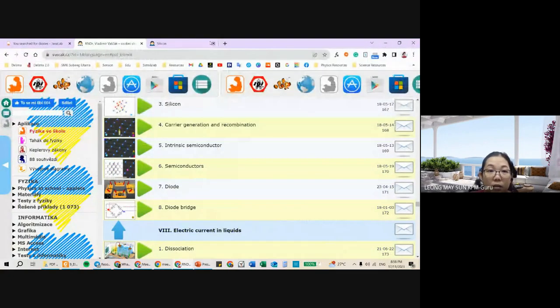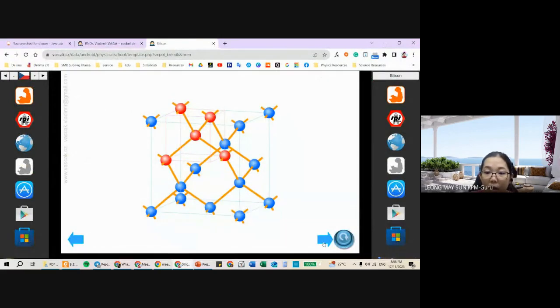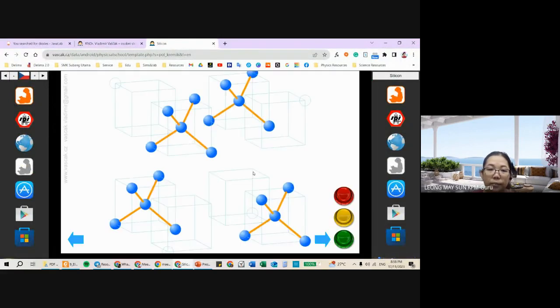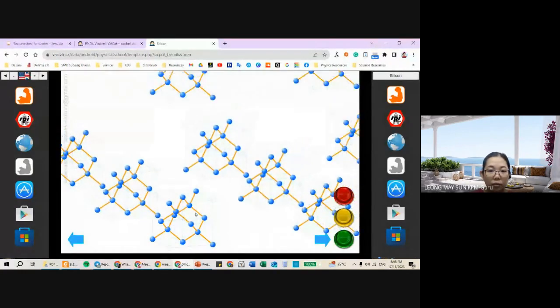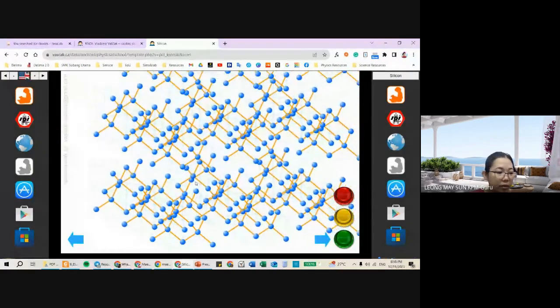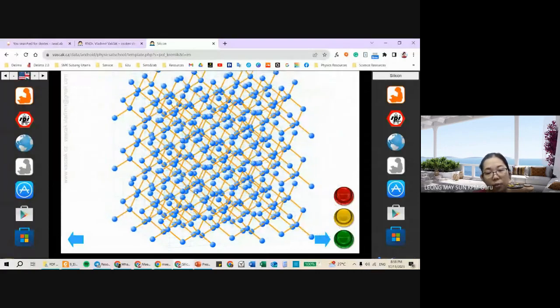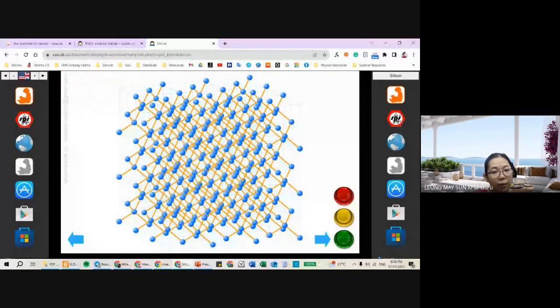Let's see any simulation that we can look at. This is for silicon, and we have all the silicon atoms merging. So pure silicon has a perfect covalent bond over here.